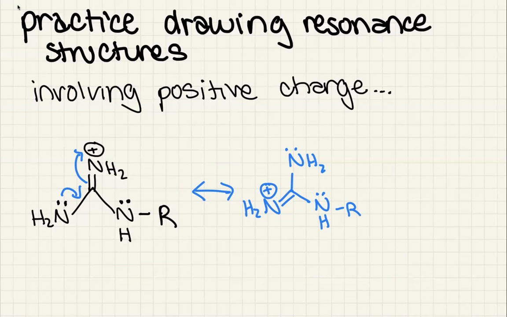So those would be 2 resonance structures, but we're not done. You can still push these. We haven't dealt with this nitrogen, which can donate and push the electrons back onto here. This would give us a 3rd resonance structure. In this case, this would be back where it started from.